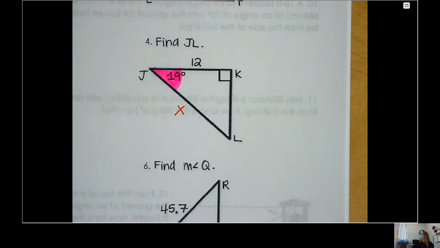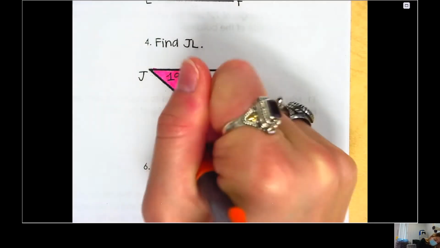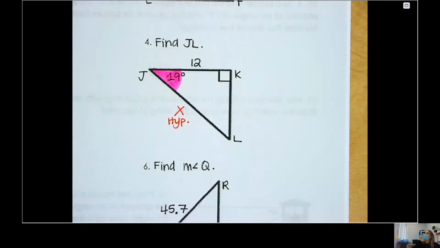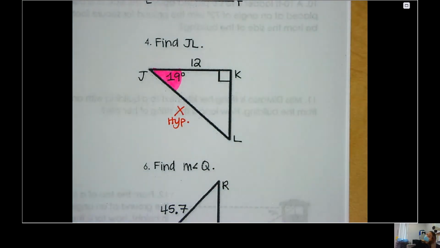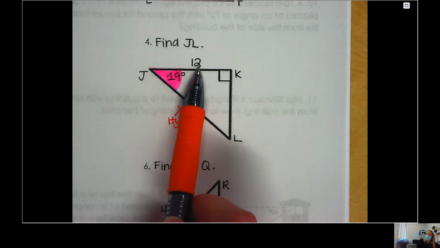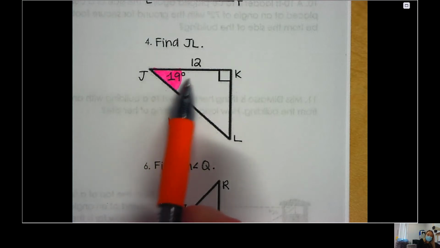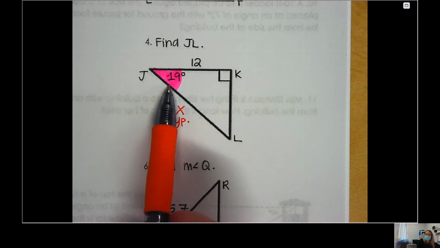Now we got to label our sides. I'm always going to start with my hypotenuse. What's your hypotenuse in this picture? It's the X. Good, it's right across from the 90. So this one's my hypotenuse. Good. Now, the other number given to you is the 12. Is this 12 adjacent, next to, or across from the 19?